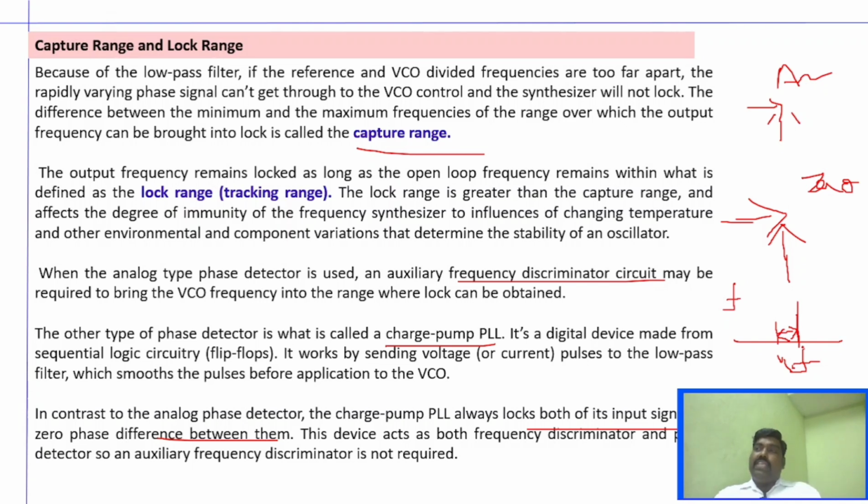Even if there is a change in the input signal frequency, the reference signal frequency, the feedback signal will also change according to the input signal. So in the locked condition, there will not be any frequency deviation. Even if this F moves further, the feedback signal will also move to that particular signal during the locked condition. After the lock range, there will be a frequency deviation between the input signal and the VCO signal. So this is the complete working of the frequency synthesizer.